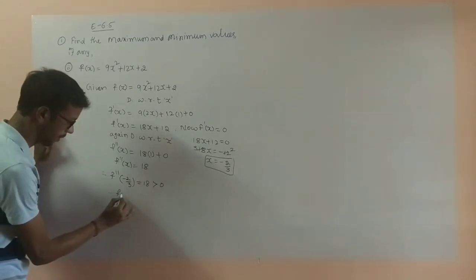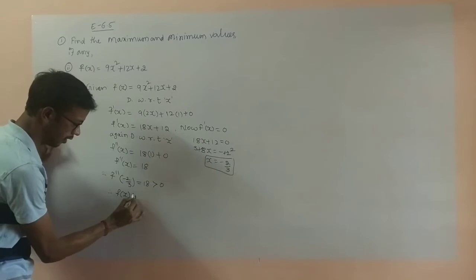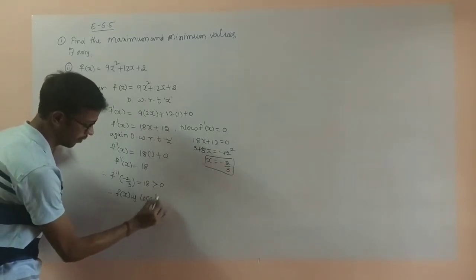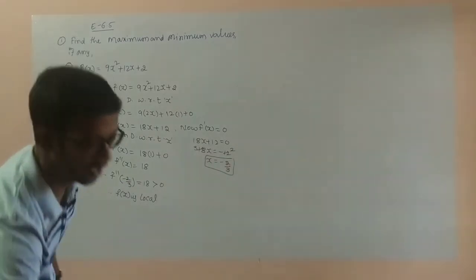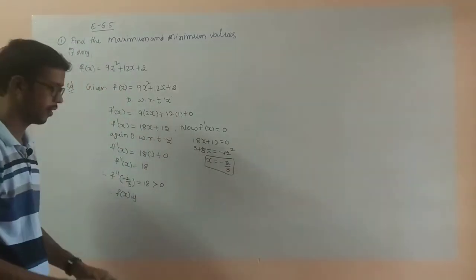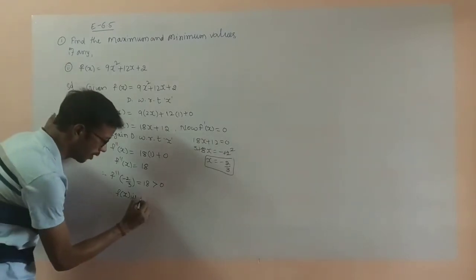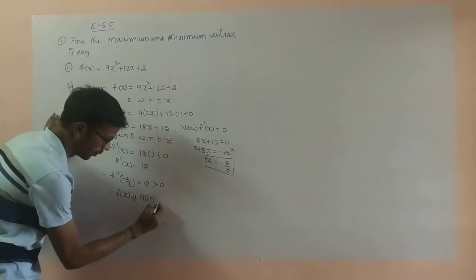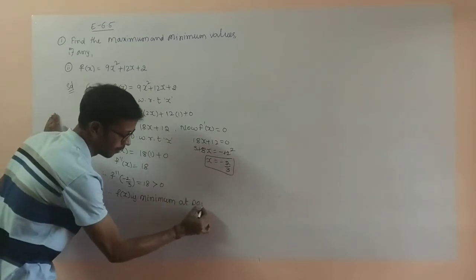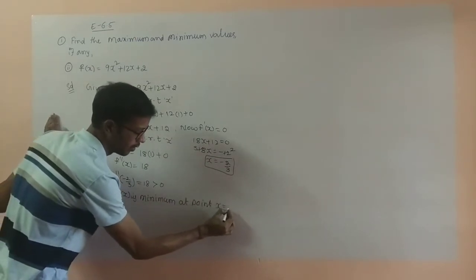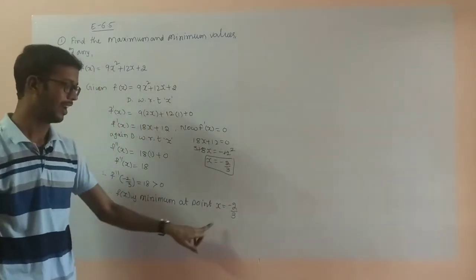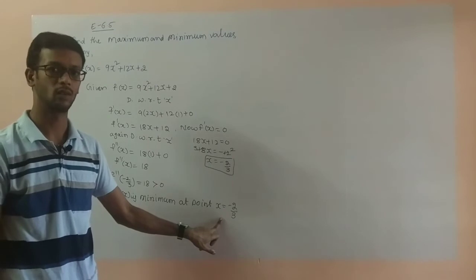Therefore f of x is minimum at the point x is equal to minus 2 by 3. We are asking only maximum or minimum here.